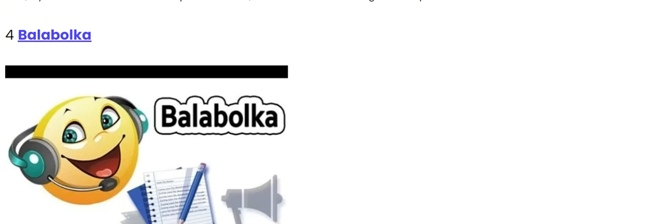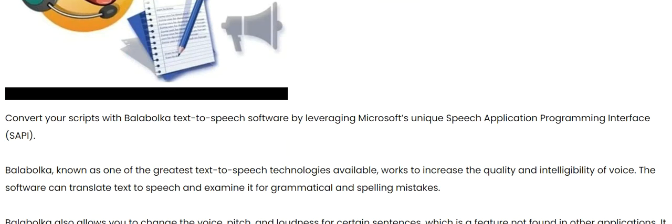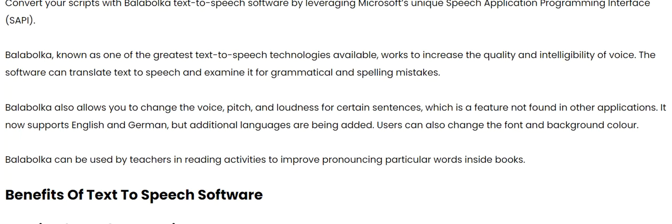Number 4 software is Balabolka. Convert your script with Balabolka text-to-speech software by leveraging Microsoft's unique speech application programming interface. Balabolka, known as one of the greatest text-to-speech technologies available, works to increase the quality and intelligibility of voice.